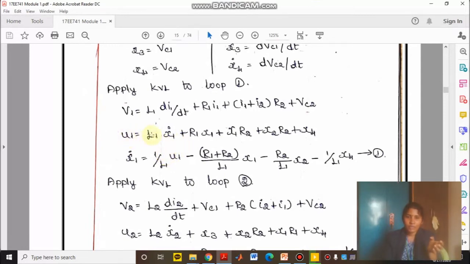For example, if you consider this equation, here you have only one x1 dot, and here you will not get x2 dot. So in one equation you will get only one first order differential equation. Therefore x1 dot is equal to, from this you can identify what is your x1 dot.